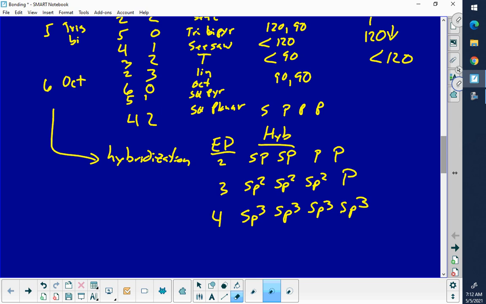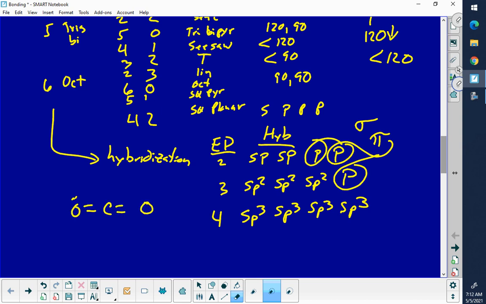Now, what's important to understand is my sigma bonds can use hybridized orbitals, right? But my pi bonds need unhybridized p's or unhybridized d's. So you've got to understand, if I have something like C double bond O, right here I have a sigma and a pi.